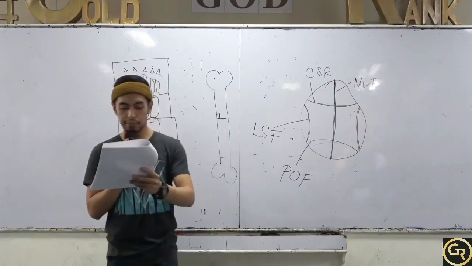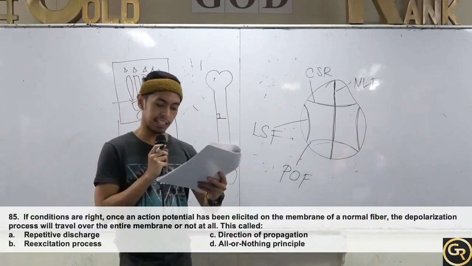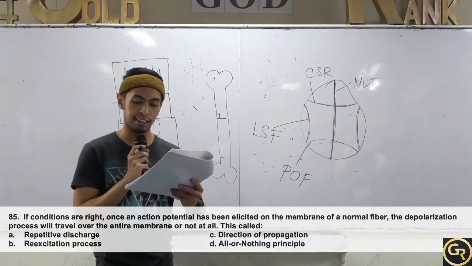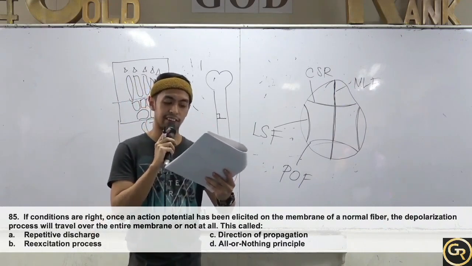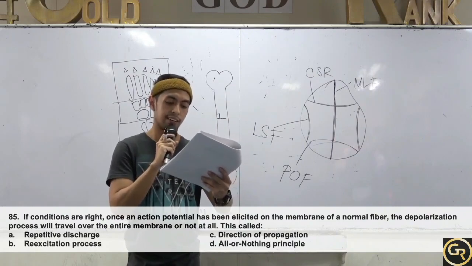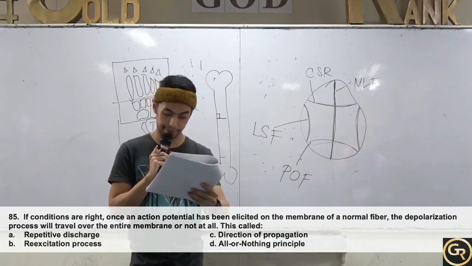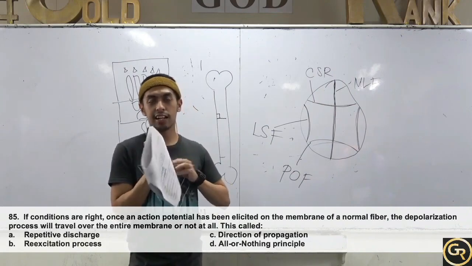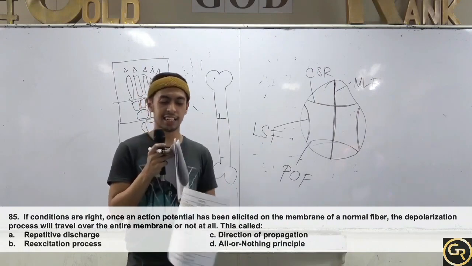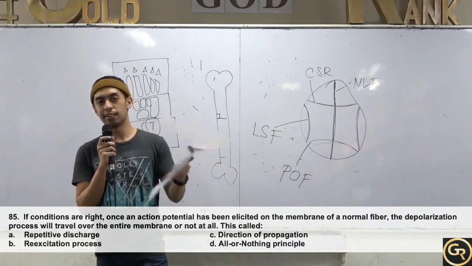85, if conditions are right, once an action potential has been elicited on the membrane of a normal fiber, the depolarization process will travel over the entire membrane or not at all. This is called what? It's letter D, your all or nothing principle.